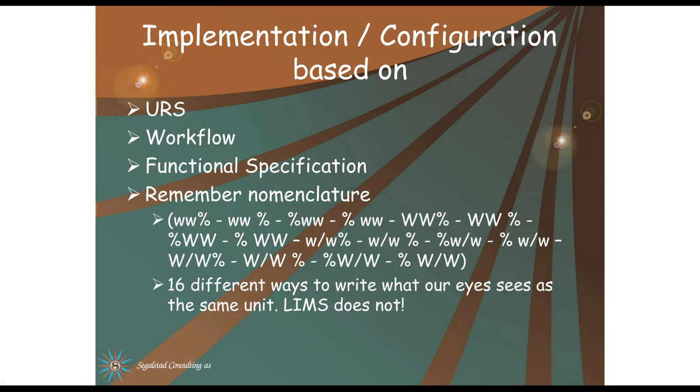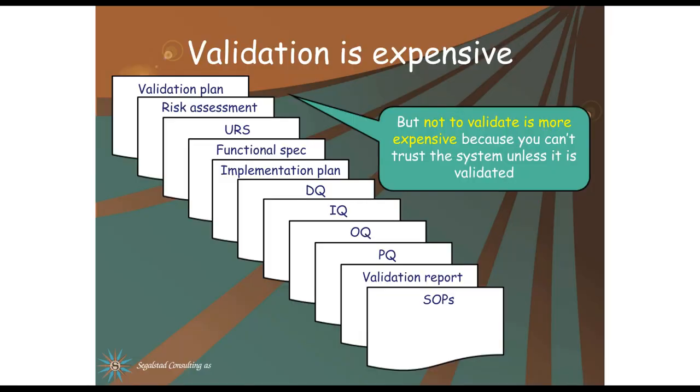We decided to use one of them, and people from the 11 other projects were furious about this stupid LIMS that could not handle their way of writing the unit. It was not that LIMS was stupid and couldn't do it, but in order to have some sort of standardization for comparison, reports, etc., we had to choose one of them. One way to make the work better is to standardize.